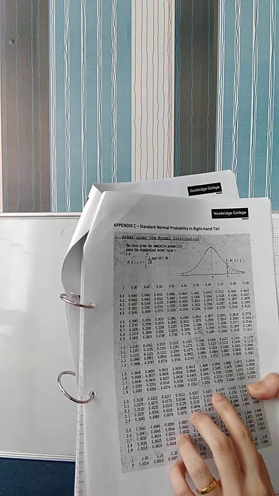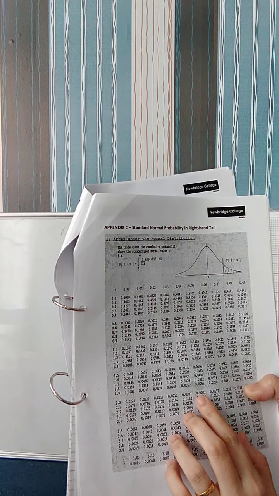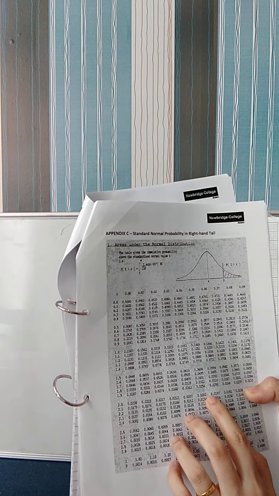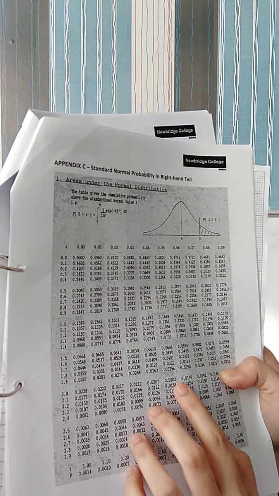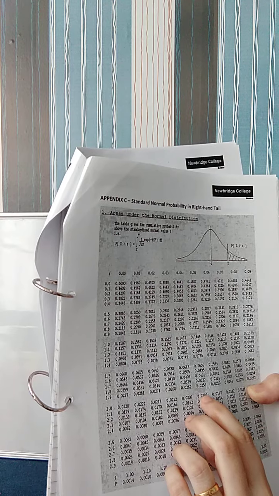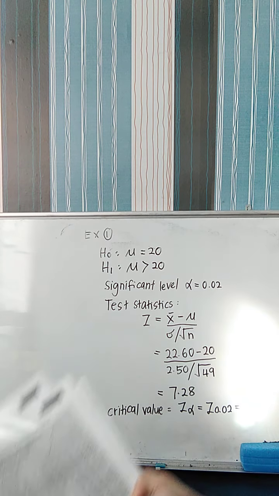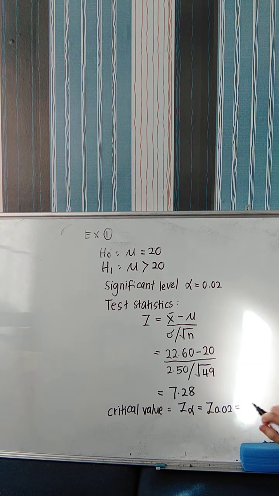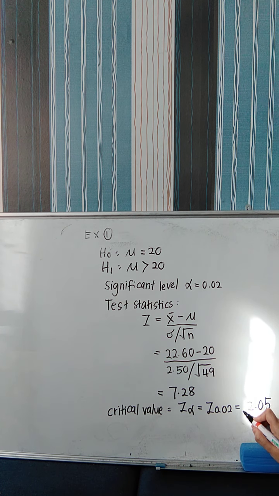Here 0.0202 is approximate to 0.02, so the value is 2.05. But you need to write the symbol for critical value here. This is more than, so here must be positive 2.05 for the value of the critical value.